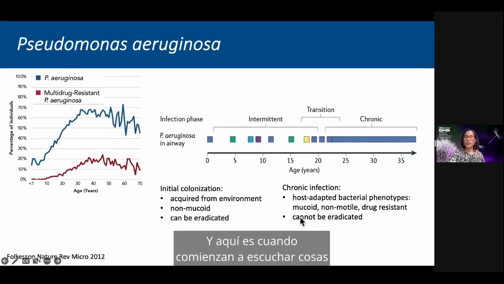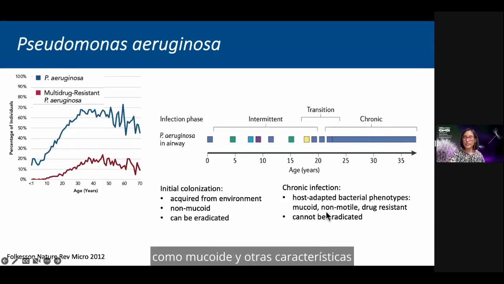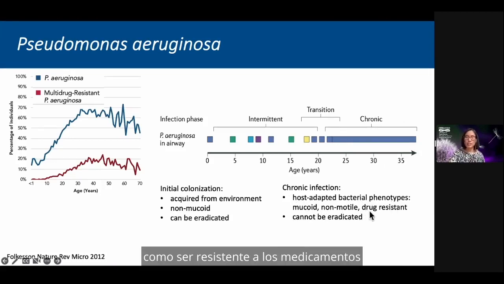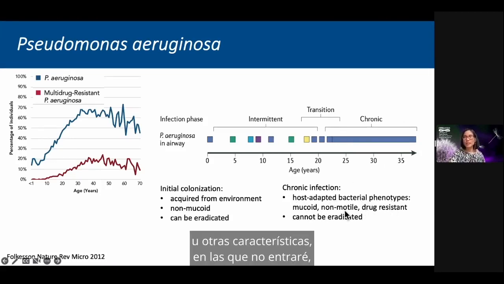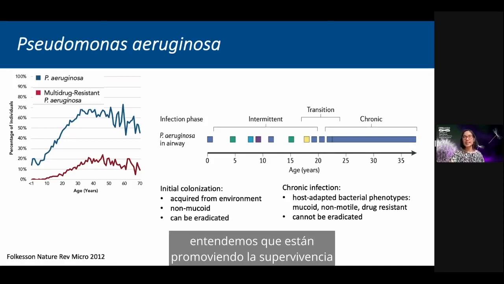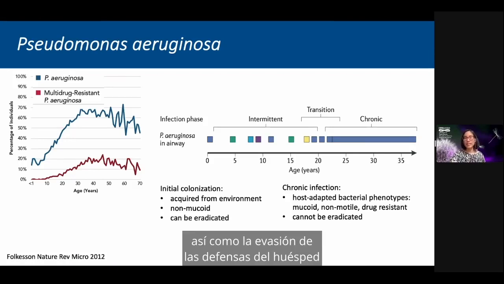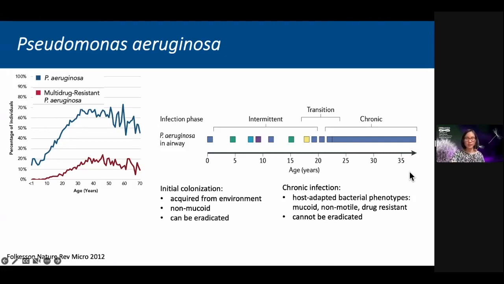This is when you start hearing about things like mucoid and other features such as being drug resistant, or a number of other features which I won't go into, but that we understand through studies in the lab are promoting the survival of the bacteria, as well as the evasion from host defenses and antibiotic treatment.